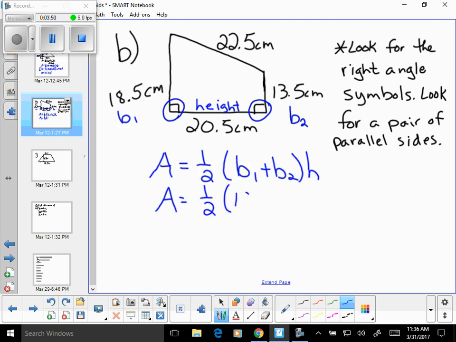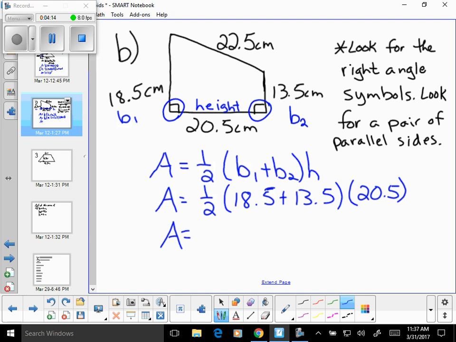Our B1 here is going to be 18.5. Our B sub 2 is going to be 13.5. And our height is going to be 20.5. This is a good example of one in which some students will say, well, I can't add 18.5 and 13.5 in my head. Okay, then do that into the calculator first.